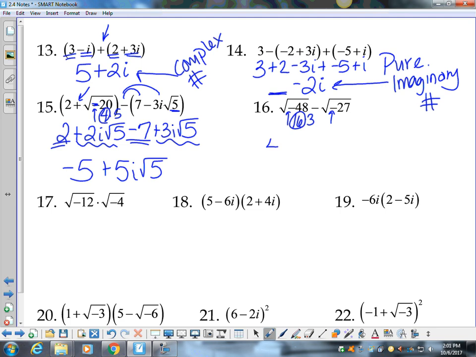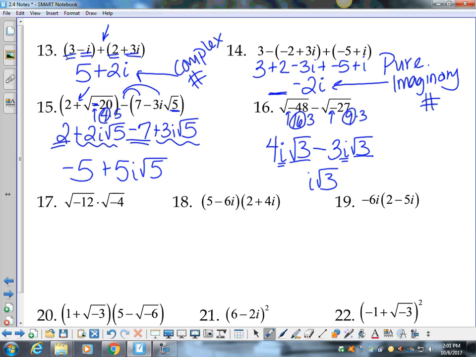So that would be 4i root 3 minus 27 is 9 times 3. So that would be 3i root 3. Then you have to decide if these are like terms, and they are because they both have an i and they both have a root 3. So that would be 1i root 3. So I'm just going to write i root 3.